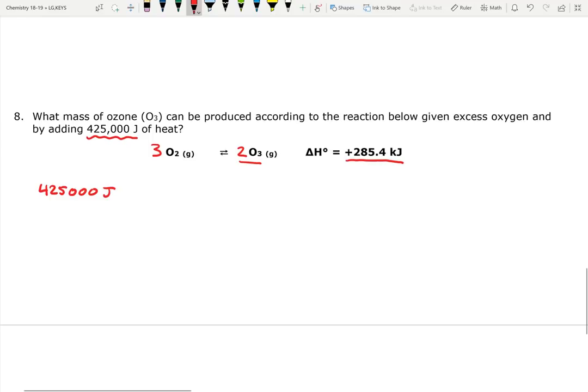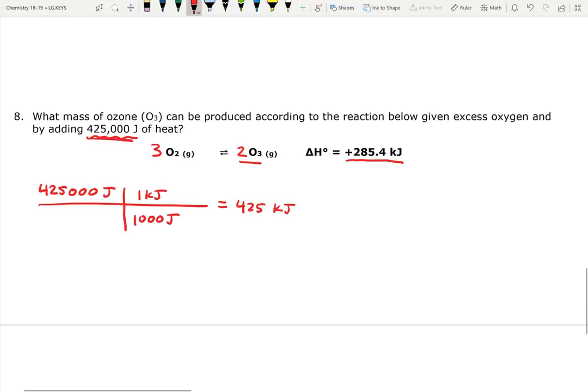It's a factor of 1,000. So just a sidebar here, just like we've done 1,000 to 1 for milliliters and liters, the same idea here. 1 kilojoule is equal to 1,000 joules. So before we get started, maybe it wouldn't be a bad idea for us to convert that. That's 425 kilojoules of energy that we have available.